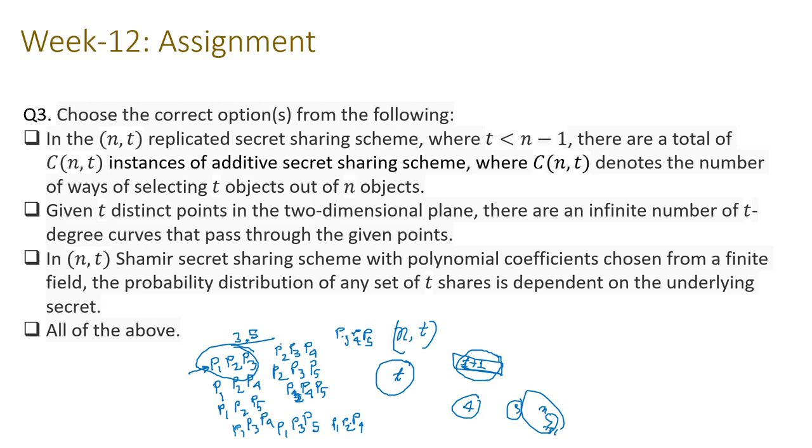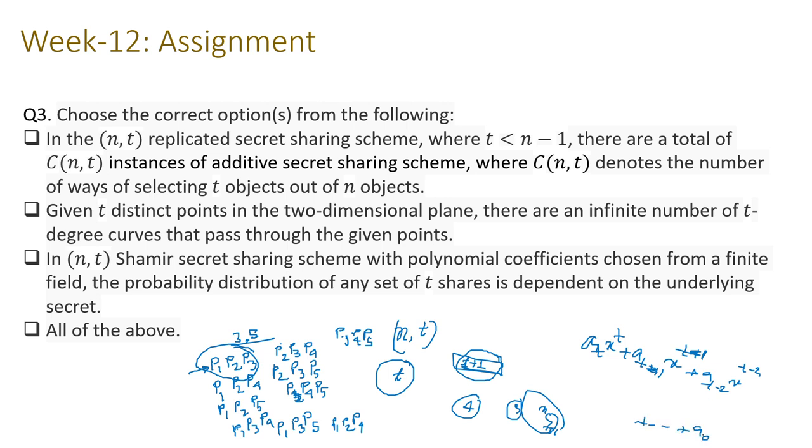Okay. And the second statement says that given t distinct points in the two-dimensional plane, there are an infinite number of t degree curves that can pass through the given points. So you have a t degree polynomial, that means it is of the form a_t x^t plus a_(t-1) x^(t-1) and so on till a_0.